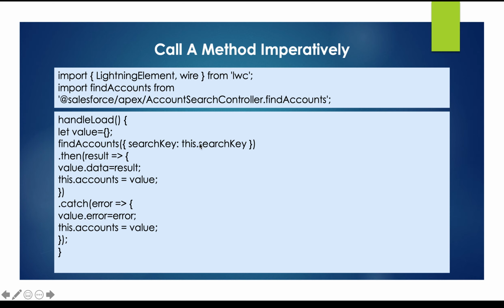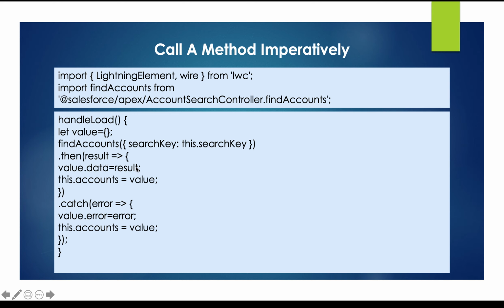This is not reactive. So whatever the search key is, like if I'm searching for Bob, I'll directly enter Bob here. So I'm just mapping it to the direct attribute of our web component, and we are using promises here. So then you will get a result.